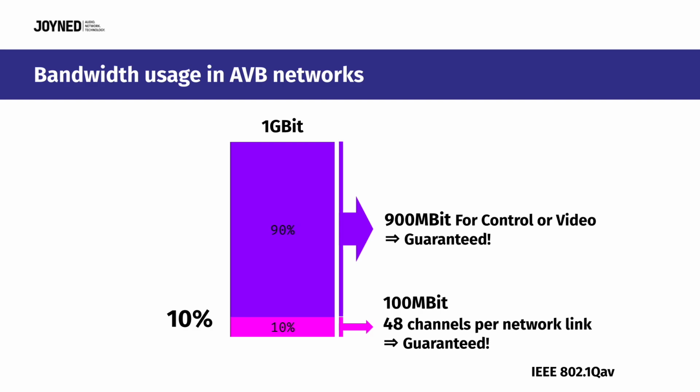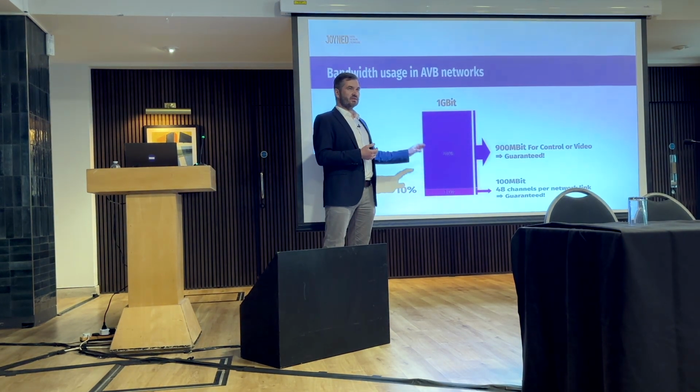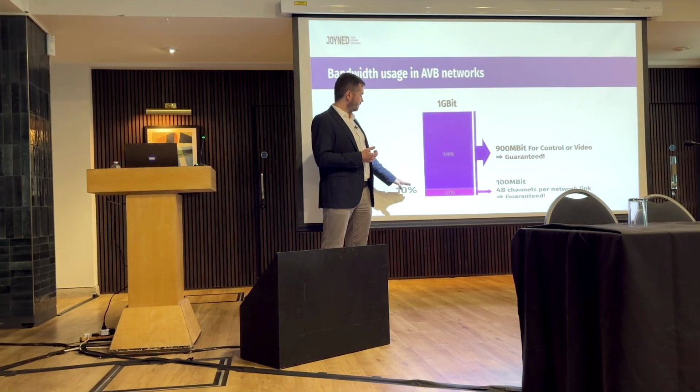Now, I mentioned already that it's often heard that AVB steals away bandwidth from other applications. So the way this works is that only the bandwidth that is used for the streams that get connected and reserved is used.